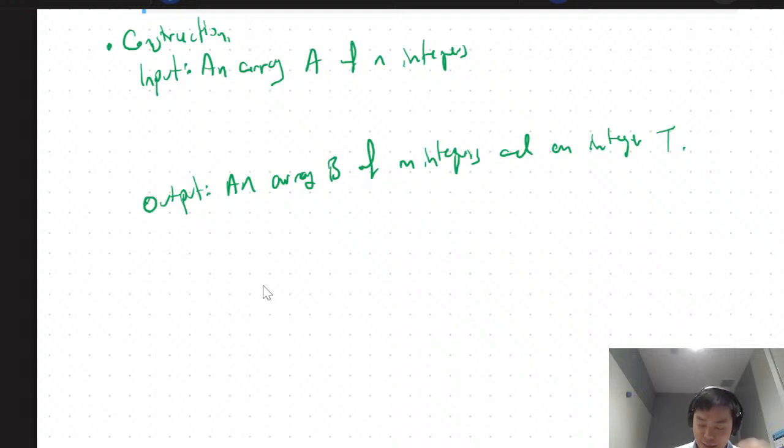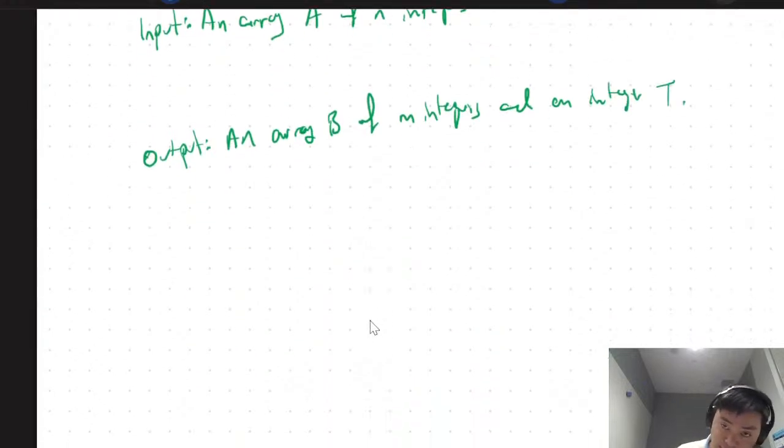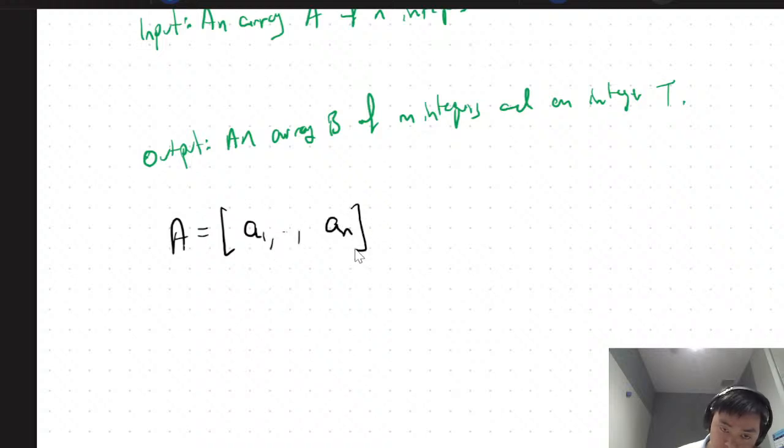So it might be easier to think about what happens if the array can be partitioned into two sets so that they sum to the same thing. So let's say I have an array A, which is A1 up to An.